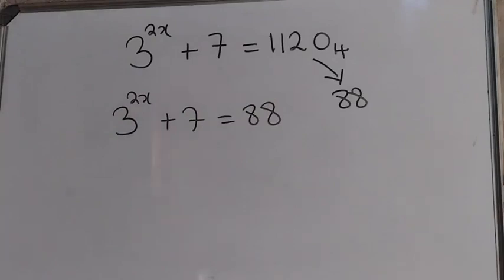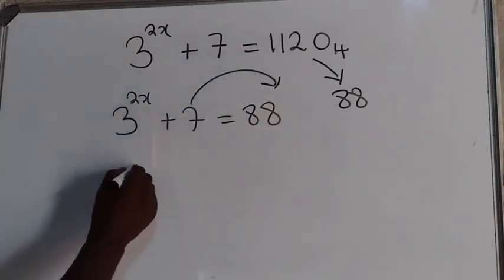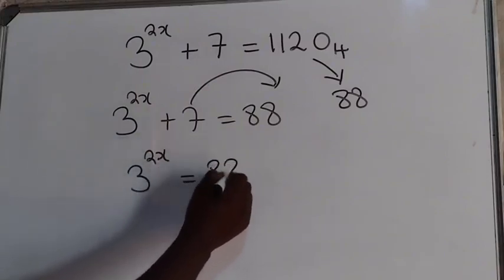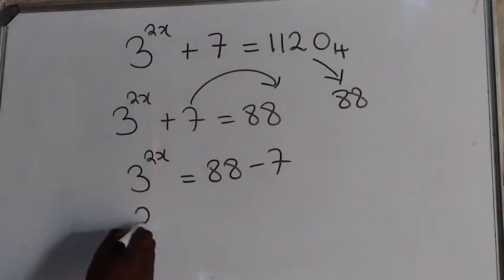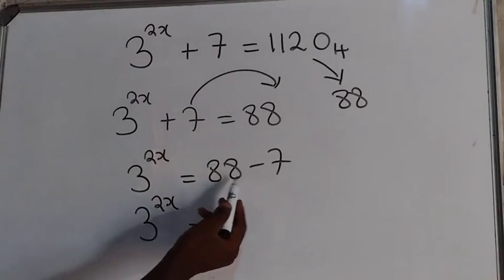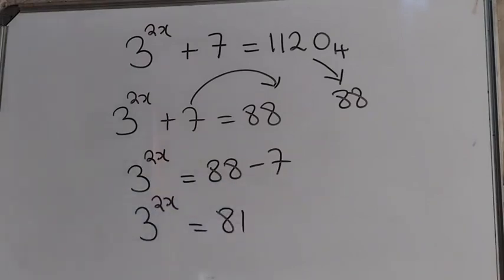From here, we can let this 7 go that side, so that we remain with 3 raised to the power of 2x is equal to 88 minus 7. We're going to get 81. I do hope that we are moving together.